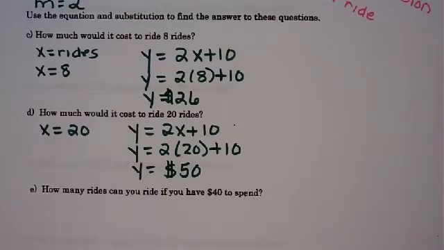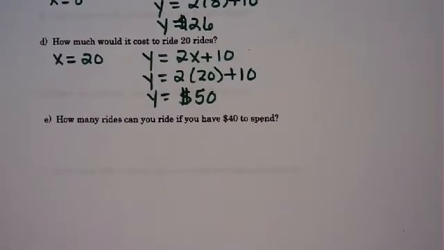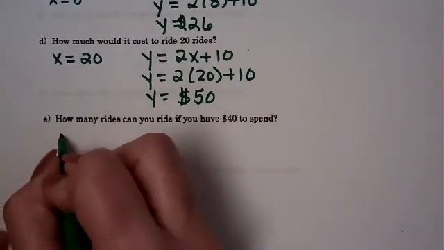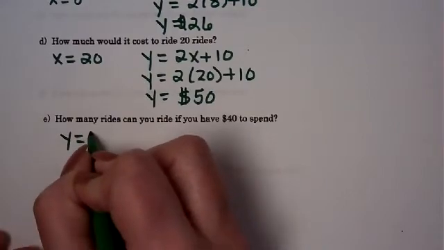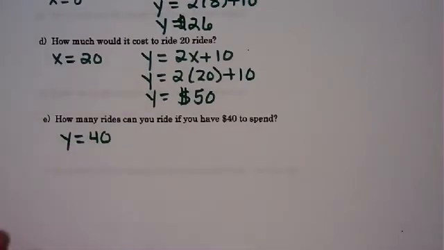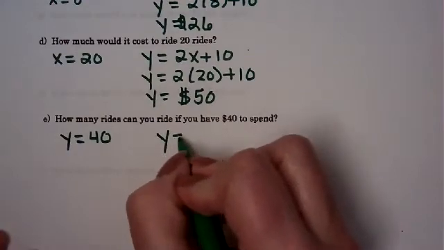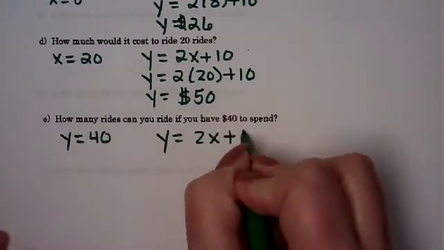Now, C is kind of the reverse of this. C says, how many rides can you ride if you have $40 to spend? Now, this time I know the money amount, so that means I already know that y is going to be 40. And I'm looking for how many rides, that means I'm looking for x. So I'm going to take my formula again, y equals 2x plus 10.